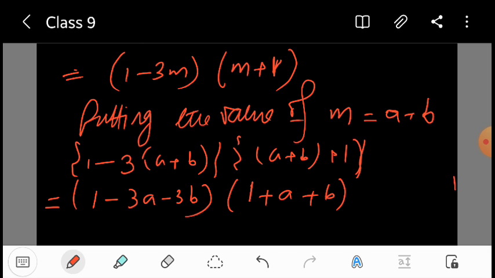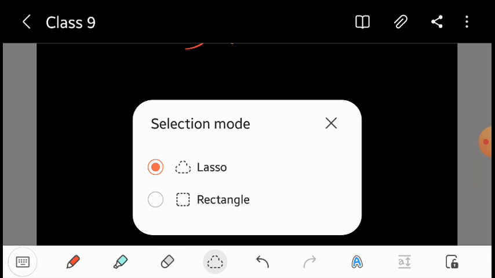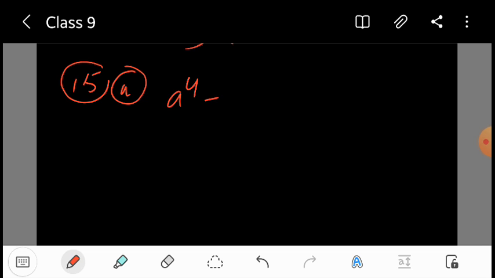Now if I talk about this problem, that is number 15, that is nothing but a to the power 4 minus 11a square plus 10.